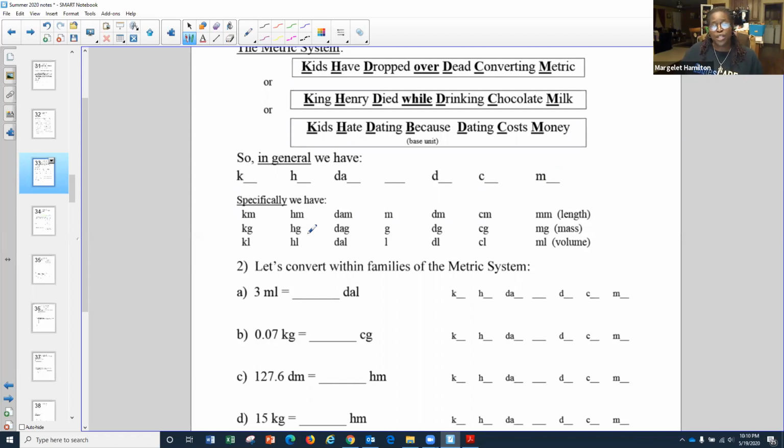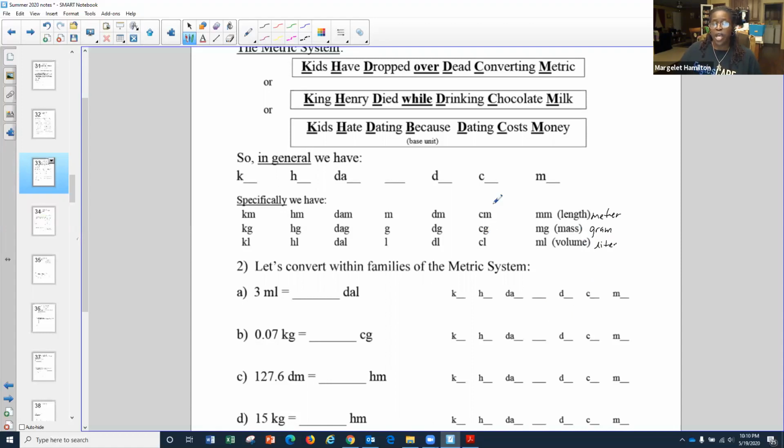Specifically, we're going to be looking at these three particular structures, where it deals with length, which is meters, mass, which is grams, volume, which is liter.